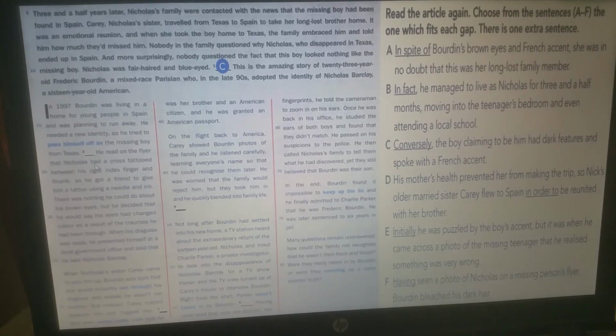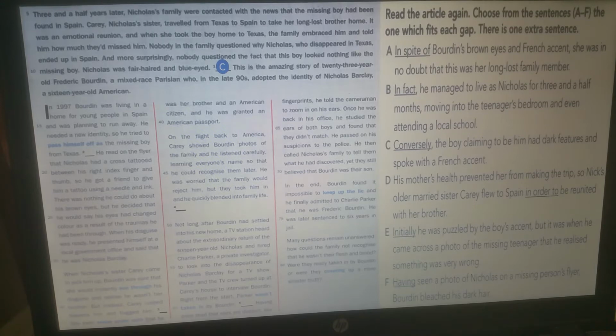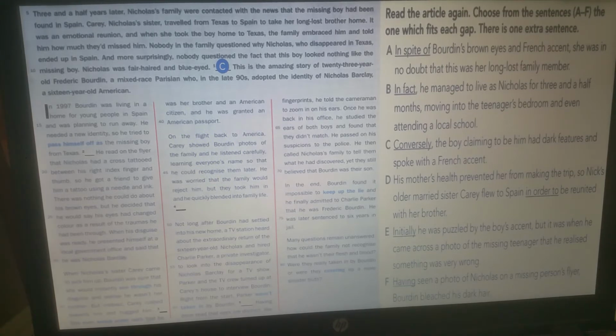Let's continue with number 2. He needed a new identity, so he tried to pass himself off as the missing boy from Texas. What have you put in number 2? He read on the flyer is the continuation that Nicholas had the cross tattooed.